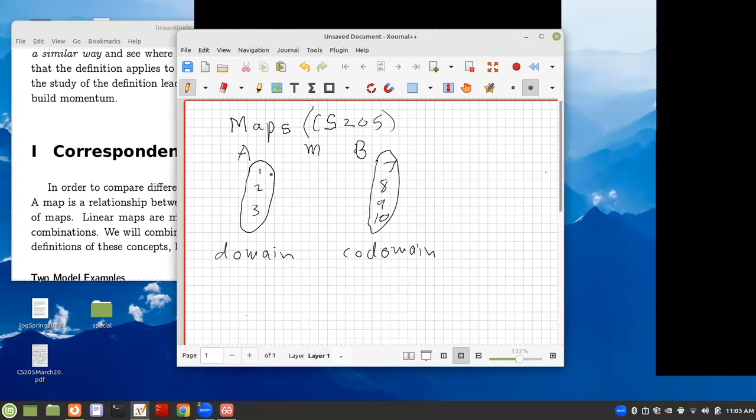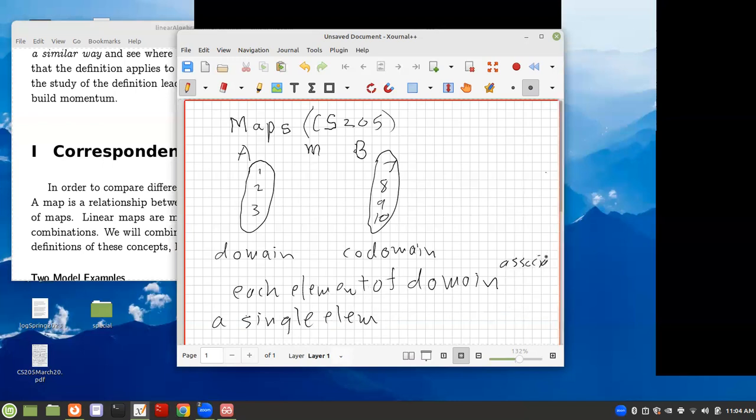It's an association: each element of the domain is associated with a single element of the codomain.